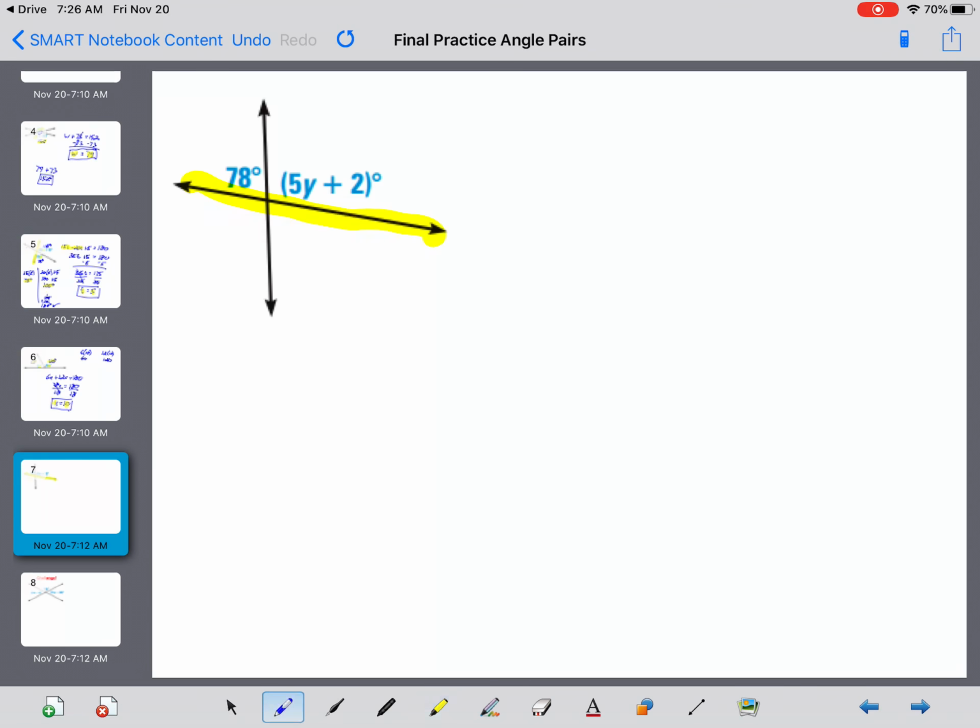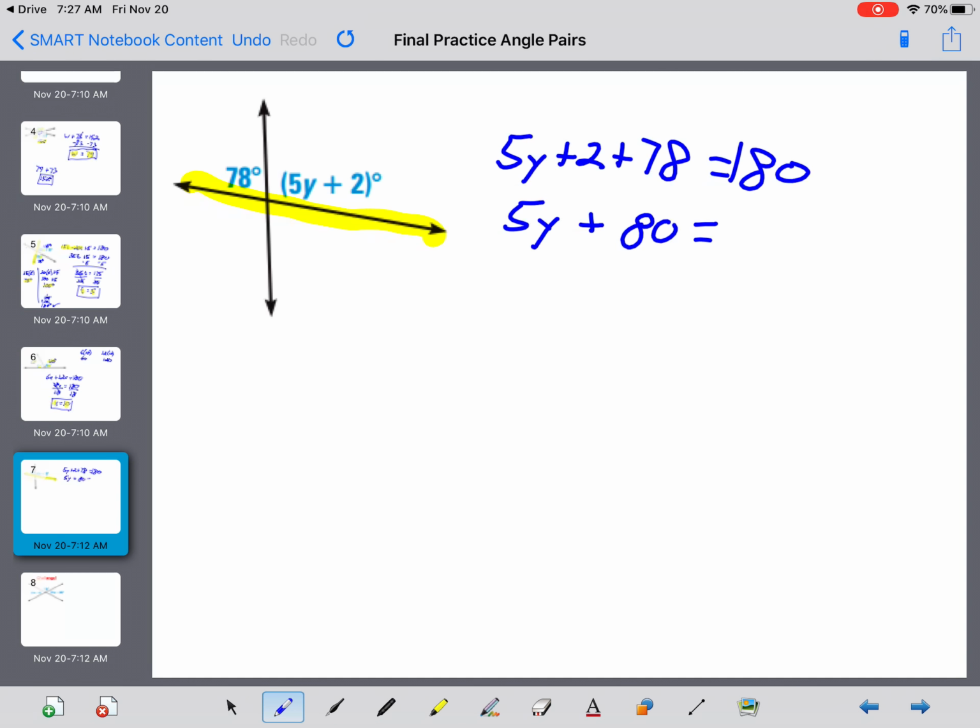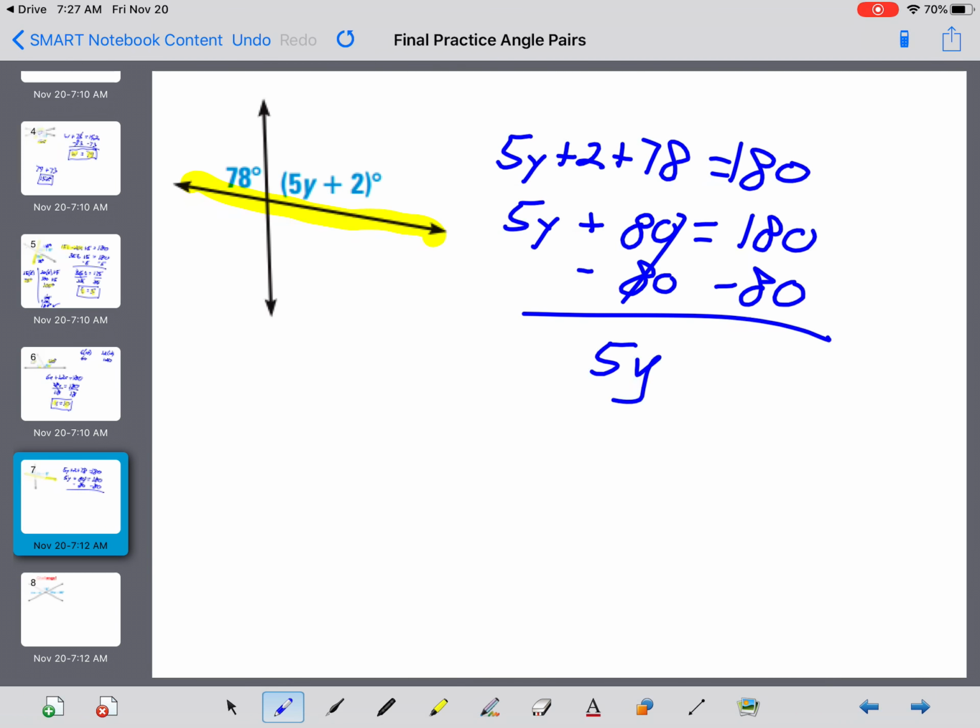Here again, we have a linear pair, 78 degrees and 5y plus 2. So 5y plus 2 plus 78 equals 180. Combine your like terms. 2 and 78 makes 80, so 5y plus 80 equals 180. Subtract 80 on both sides, and 5y is equal to 100.